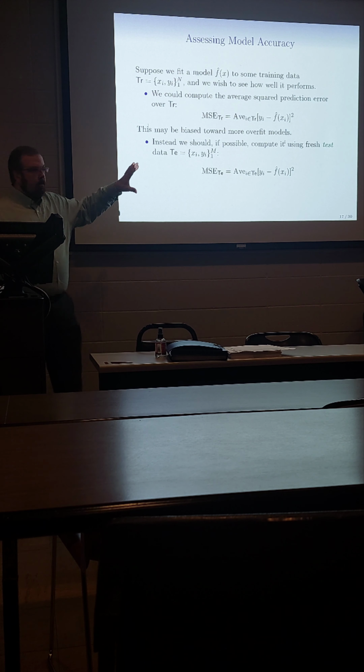The idea here is, well, I can get a good score when I know the answers. That is essentially what's happening. I can get a good score when I know the answers.